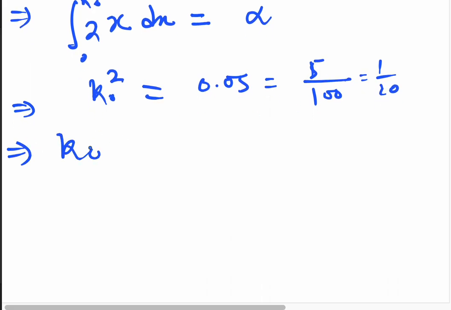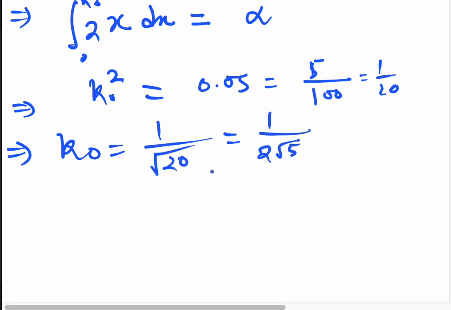So k0 is 1/root 20, which is 1/(2 root 5).